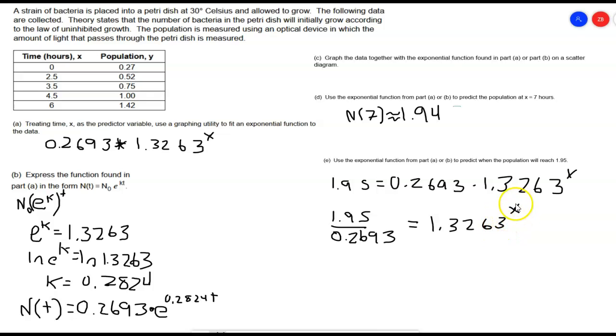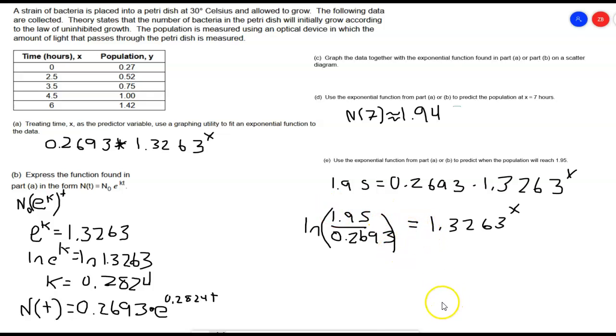And remember, when we have a variable in the exponential place, we often want to apply either the log or the natural log to both sides to get it out of there. In this case, I'm going to apply the natural log to both sides.